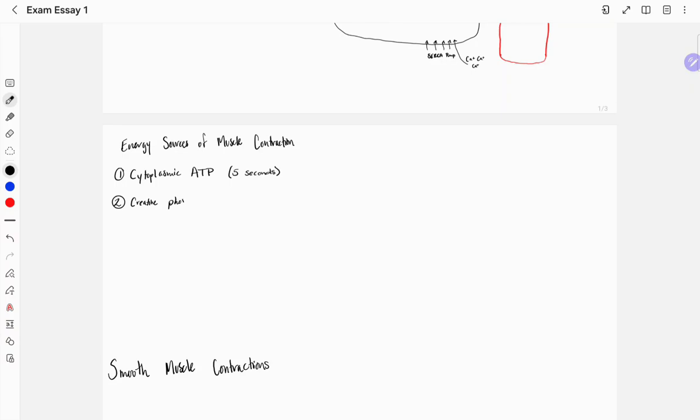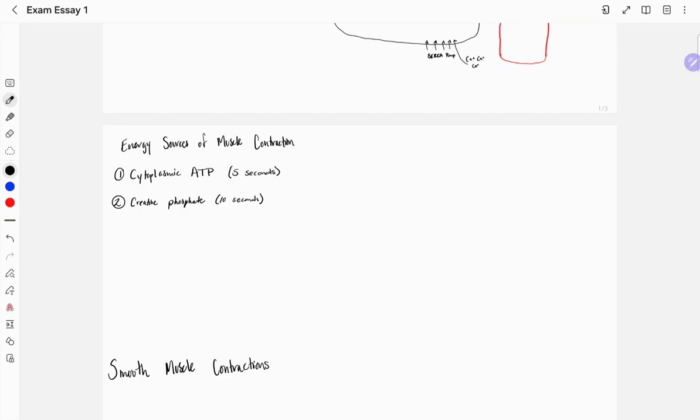Creatine phosphate. That energy source will be used for between 5 and 10 seconds. So these are quick muscle contractions.